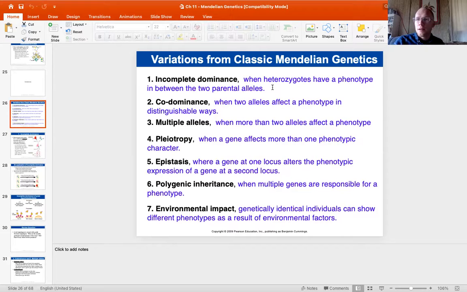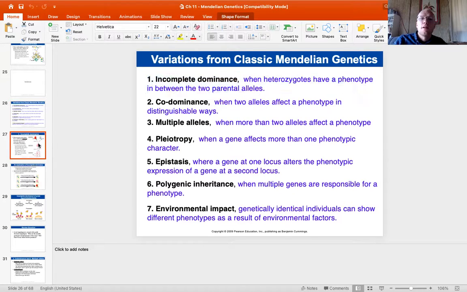Okay, so we talked about with Mendelian inheritance that the flowers of the pea plants were either red or white, and the red flowers dominated the white flowers. Well, that did happen in Mendel's pea plants, but that's not always the case.